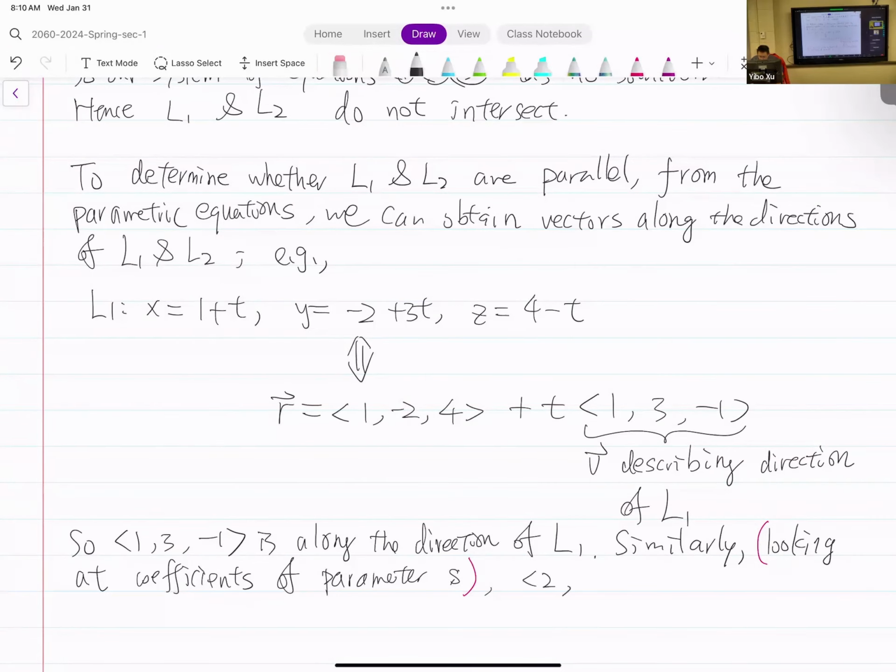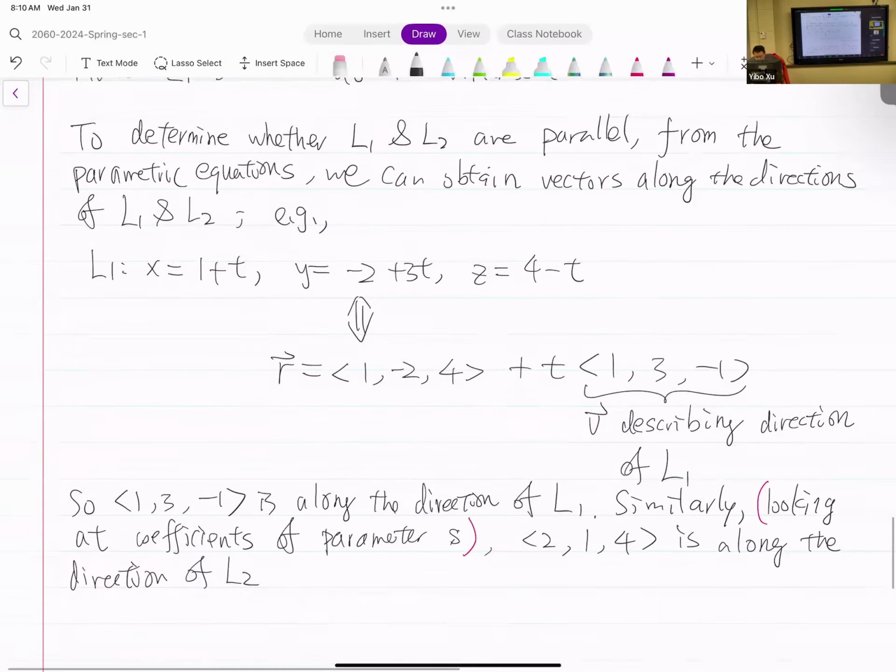That's going to be <2, 1, 4>. Okay, so this is actually a pretty different direction from the direction along L1. So <2, 1, 4> is along the direction of L2.